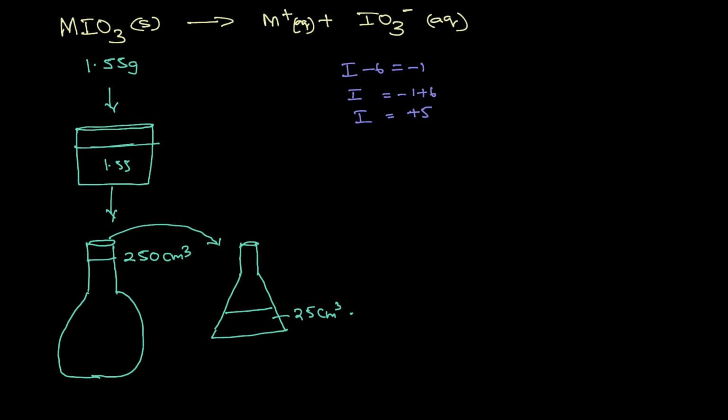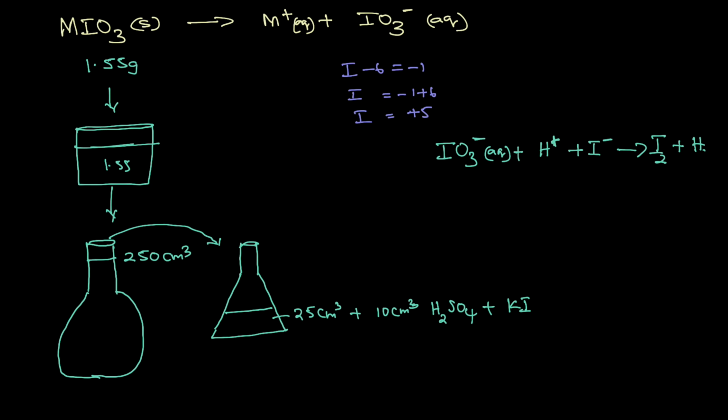And then we add 10 centimeter cube of sulfuric acid plus excess potassium iodide solution. At this point, we've created an equation for this reaction, which is the iodate 5 aqueous plus H plus, that's acidified with sulfuric acid, and then we add potassium iodide. That should give us iodine plus H2O.